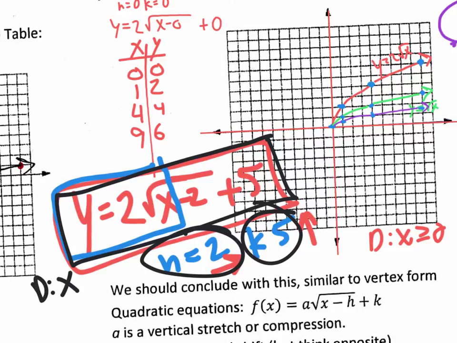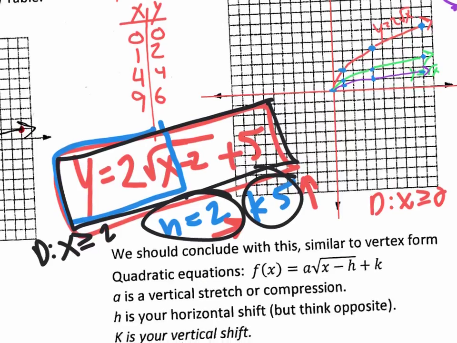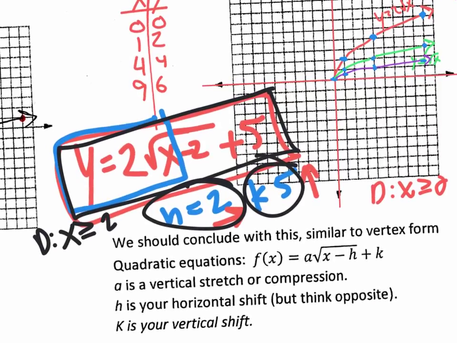The domain would be x is greater than or equal to what? 2. And the range should be y is greater than or equal to what? 5. Now, of course, if we wanted to graph it, all we'd have to do is shift this graph right here 2 to the right and 5 up, and we'd have the graph of this whole thing.